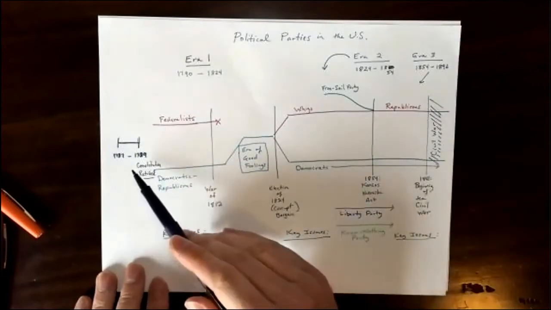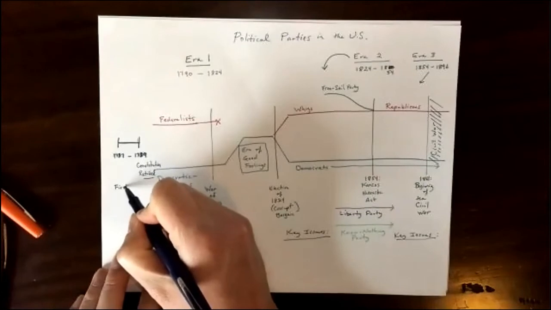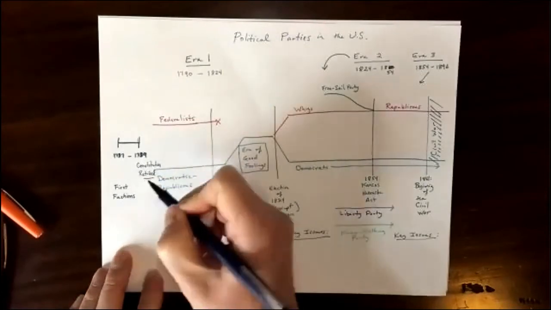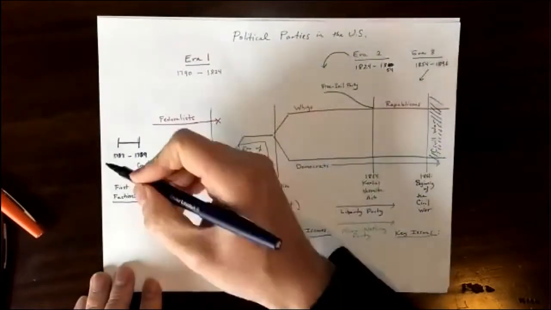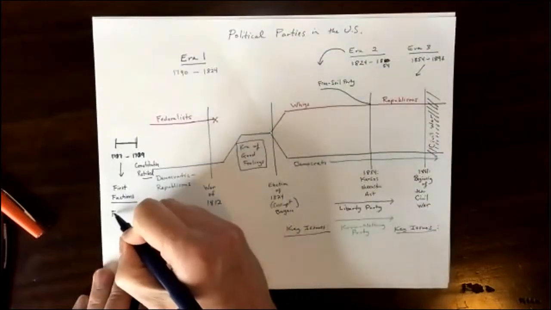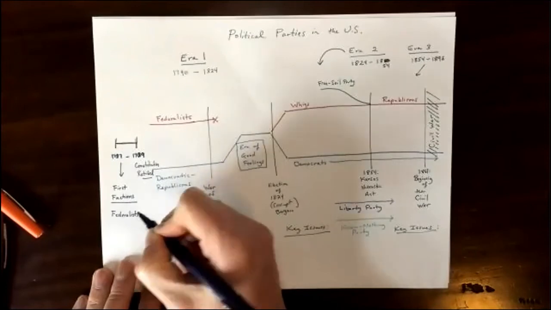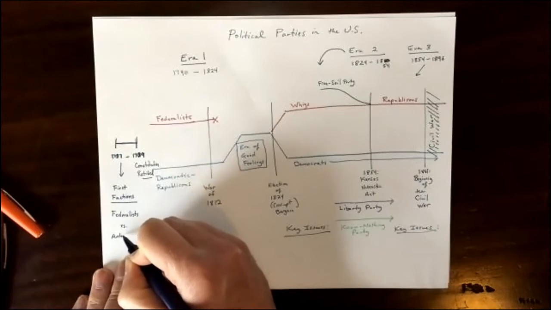It's during this time period that we see the first two factions in the history of the United States. Those factions that developed during this time period are known as the Federalists and the Anti-Federalists.